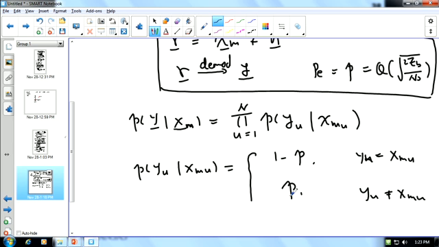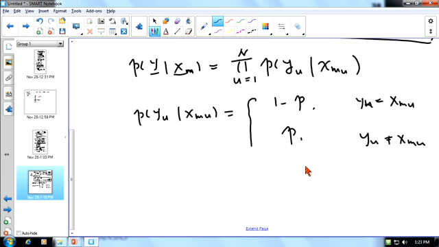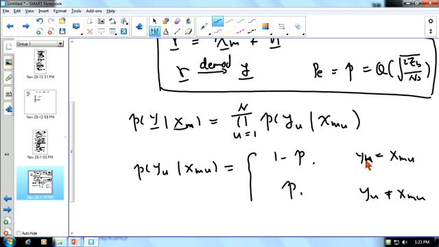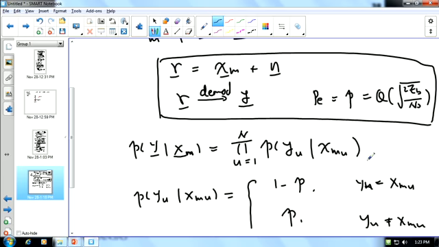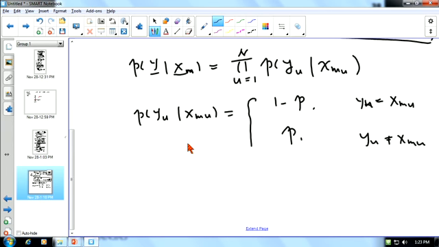Okay, so that's P. And if y equals x, which means we do not have an error, and the probability is 1 minus P. Any question? So that's our likelihood function. And this is hard decoding. Keep in mind that's hard decoding. So y could only be 1 or negative 1, and x also could be 1 or negative 1.